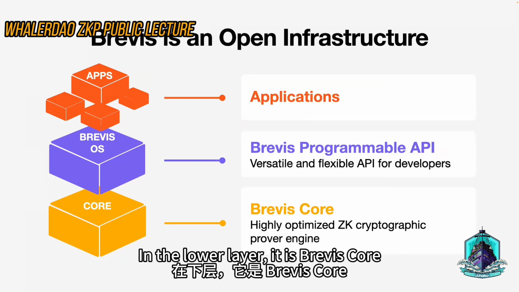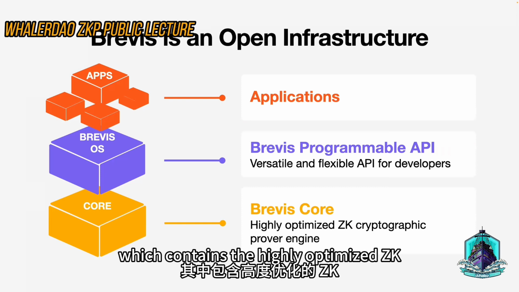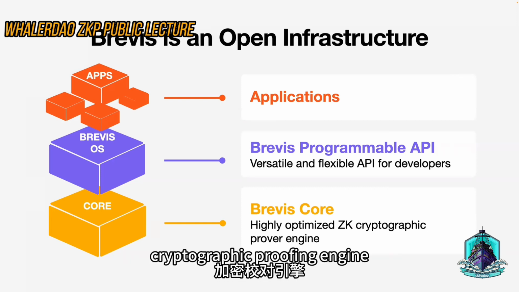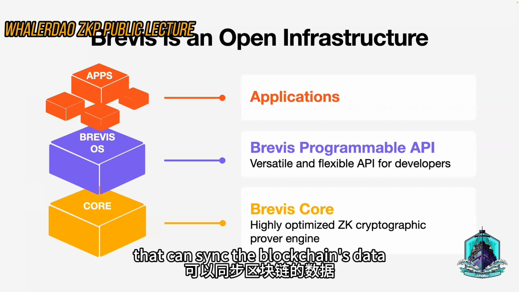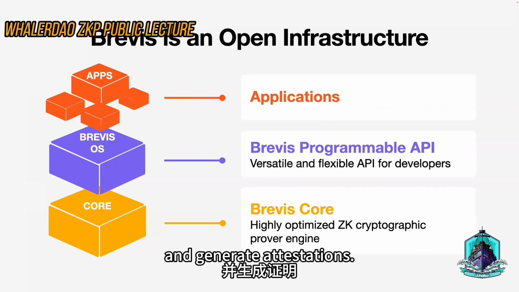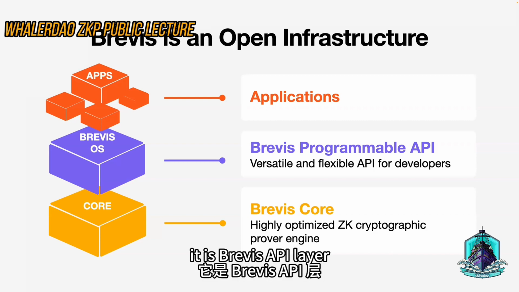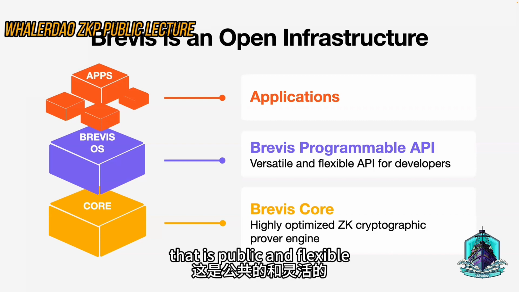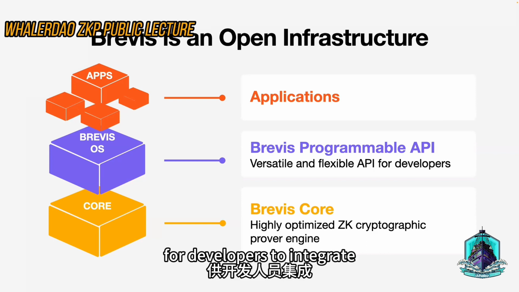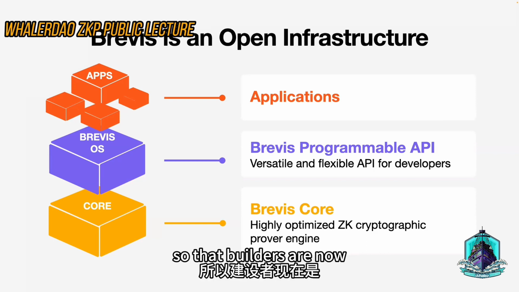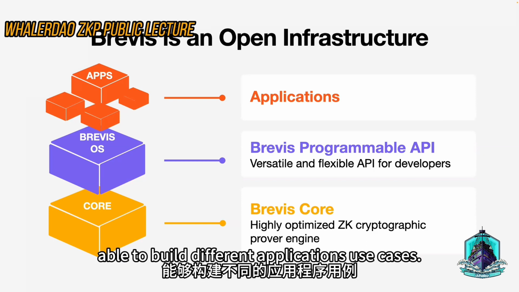In the lower layer is Brevis core, which contains the highly optimized ZK cryptographic proof engine that can sync the blockchain's data and generate attestations. On top of that is the Brevis API layer, which is public and flexible for developers to integrate, so that builders are now able to build different application use cases.